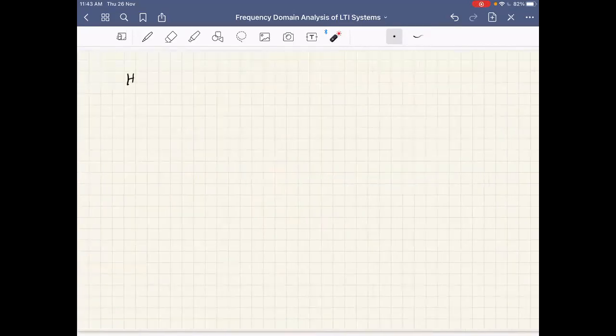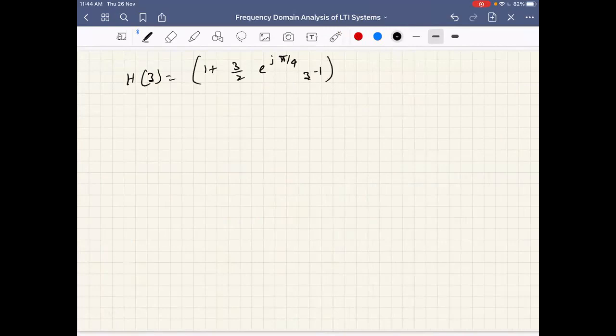So now I will just give you a small question to exercise and find out the equivalent minimum phase all pass decomposition. I am giving you the H(z). Find the minimum phase all pass decomposition yourself.